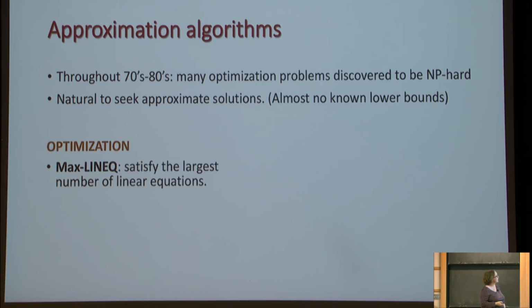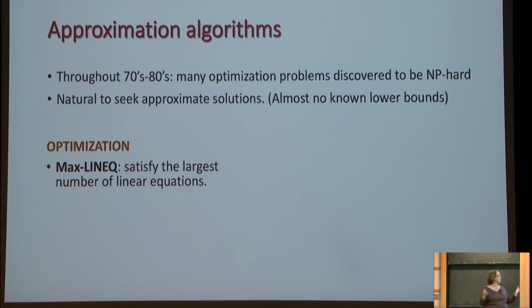Let me give you a couple of examples so that we know what I'm talking about when I talk about optimization. If you think of polynomial equations, I can even think of linear equations over GF(2). Suppose I have a collection of linear equations, and it's overdetermined, so there is no solution to all of them. I can still ask: can I satisfy as many as possible?